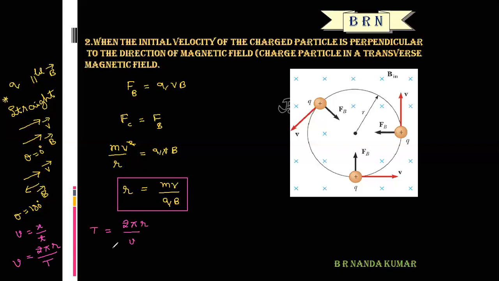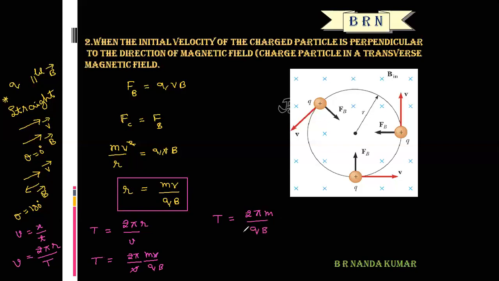So what is the value of r? The r value is mv divided by qB. So v gets cancelled. The mathematical expression for time period is T equal to 2 pi m divided by qB.